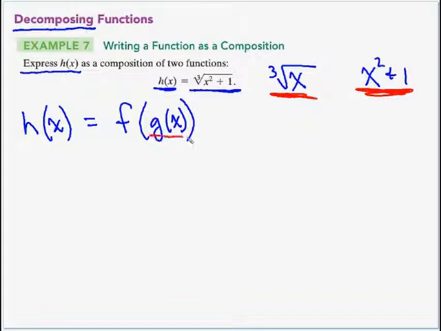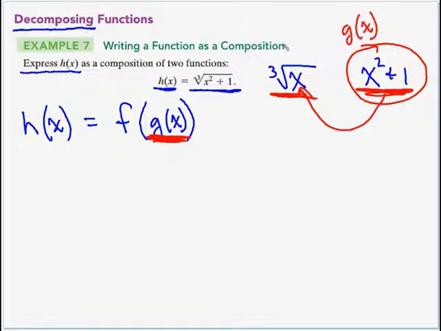Here g is the inner function. So which of these is our inner function? Well, this is the one that we would put underneath the radical where that x was. So this would be our g of x, leaving the cube root as our f of x function.